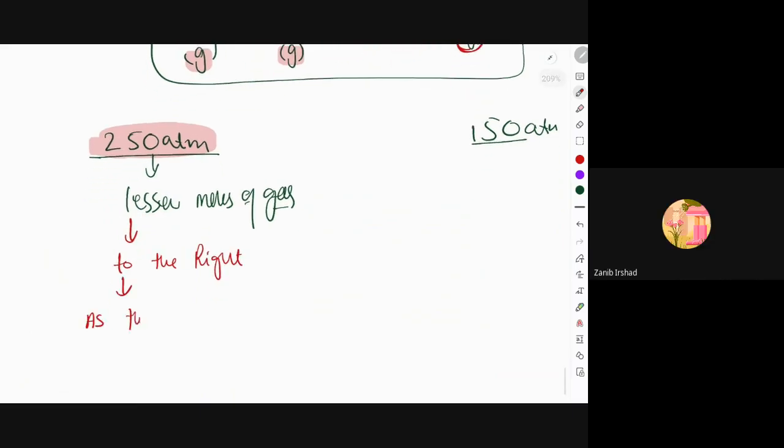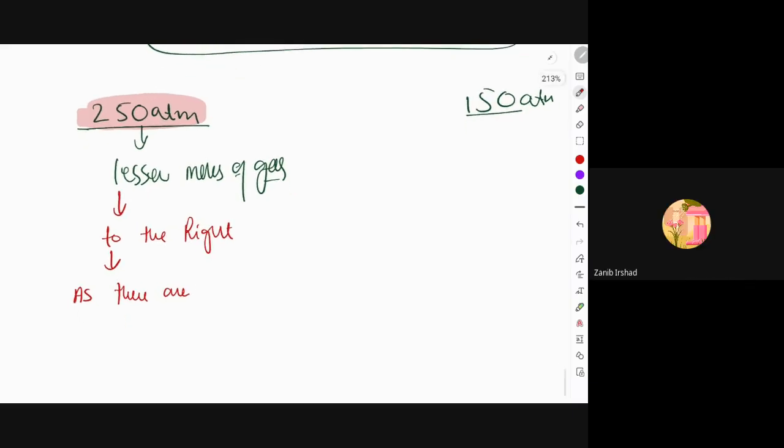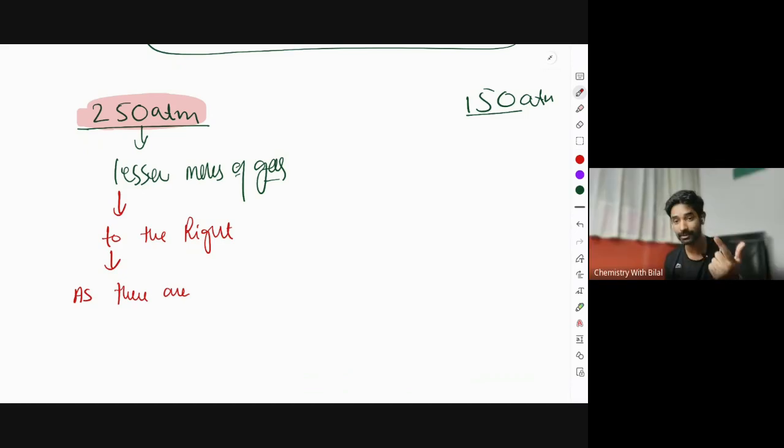So it's like diffusion, I mean, yes, more or less the same: from high concentration to low concentration. But it applies only when you increase the pressure, Dr. Zainab.